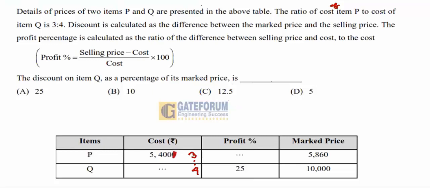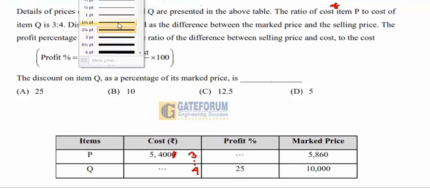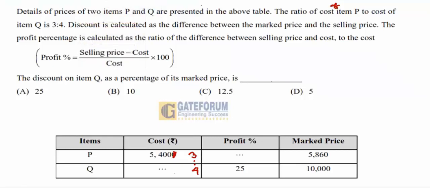Immediately the first reaction is that I will try to find out the cost of Q. How do I find that? See, 5,400 is the cost of P, which is at a ratio of 3:4 with Q. So the cost of Q will become 5,400 divided by 3 into 4.